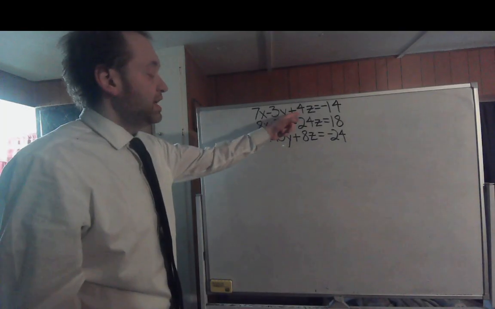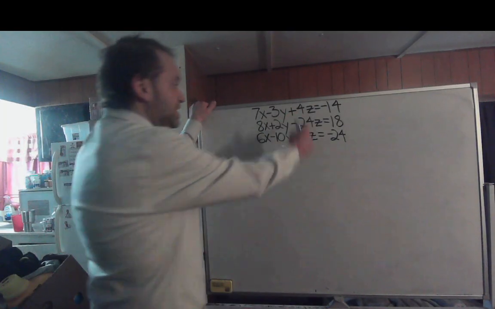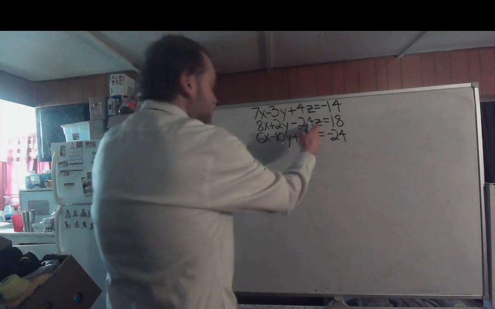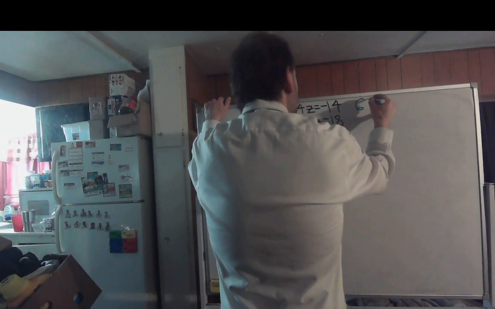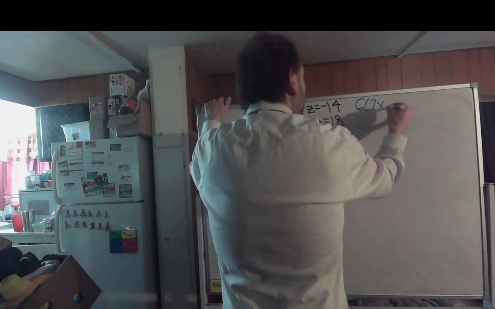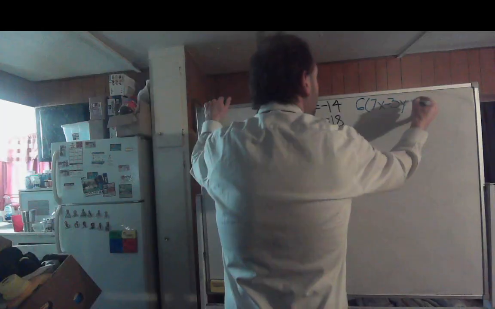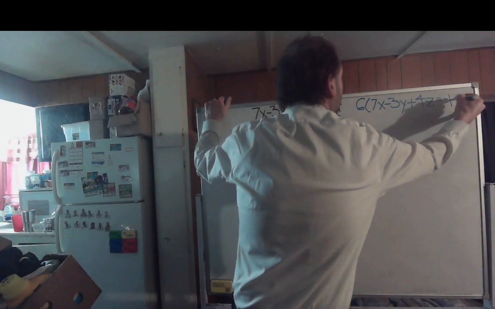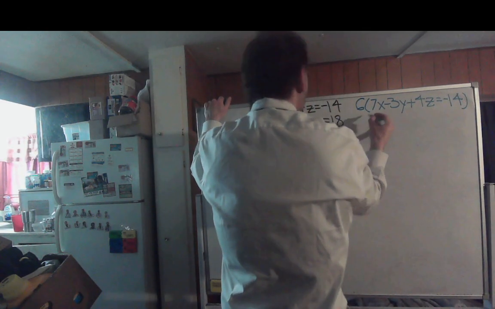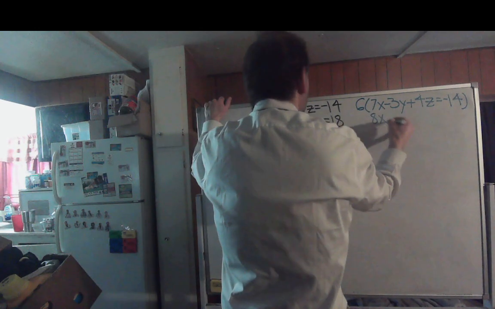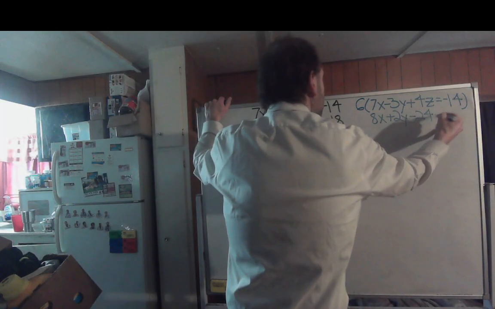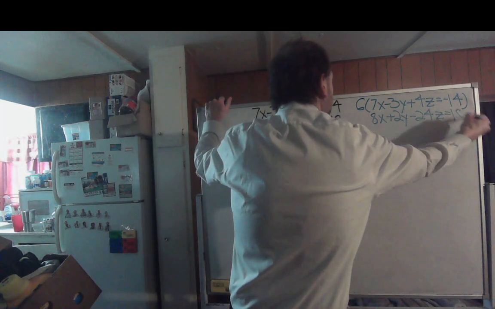We can multiply the first equation by 6, which would give you a 24z, and would eliminate the z variable. So let's take 6 times the first equation of 7x minus 3y plus 4z equals negative 14. And then we'll just keep our 8x plus 2y minus 24z equal to positive 18.